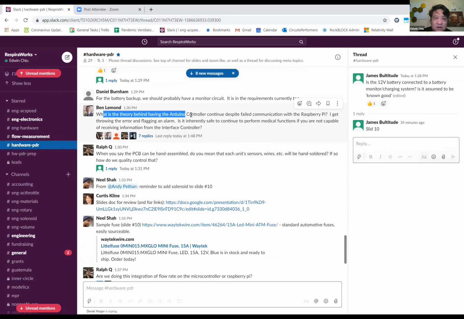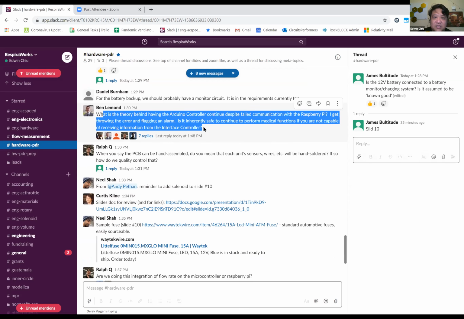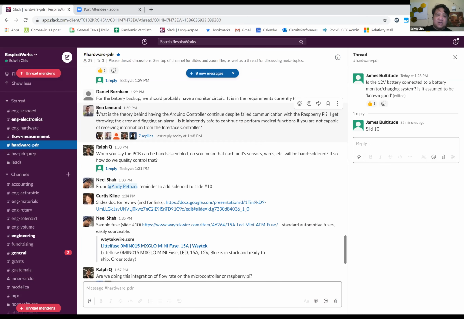Ben says, what is the theory behind having the Arduino controller continue despite failed communication on the Raspberry Pi? I get throwing the error and flagging an alarm. Is it inherently safe to continue to perform the medical functions if you're not capable of receiving information from the interface controller? That is the design intention.